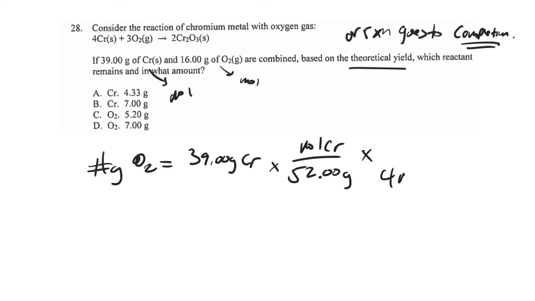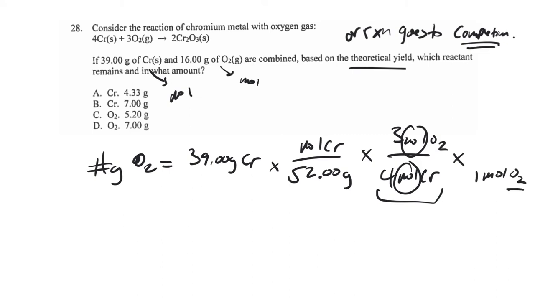According to the reaction, for every 4 moles of chromium that react, they need to react with 3 moles of oxygen. So our coefficients in our reaction are mole to mole or molecule to molecule. That's why I needed to go from grams to moles of chromium, moles to moles of oxygen with the coefficients in the reaction. 1 mole of O2 is the molar mass of 2 oxygens, so 32.00 grams.